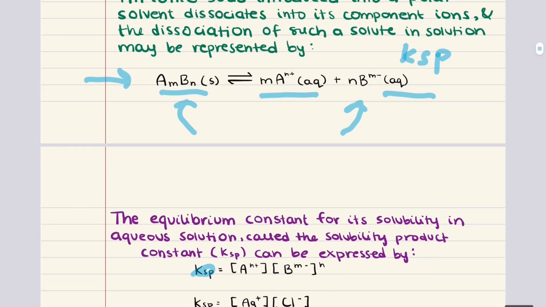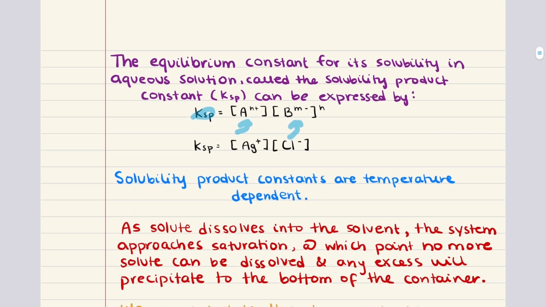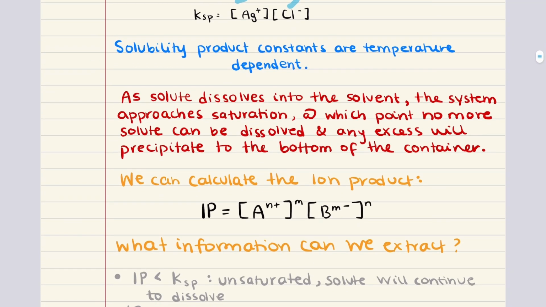So for this reaction of our ionic compound AmBn, if we were to write the Ksp, it would just be the concentration of the ions raised to their respective stoichiometric coefficients, and AmBn, that ionic compound, is not included because it is a solid.